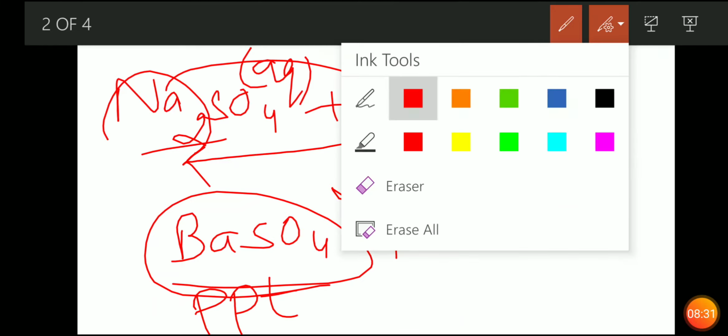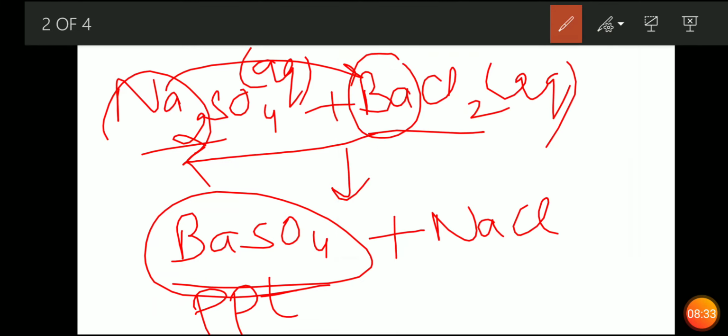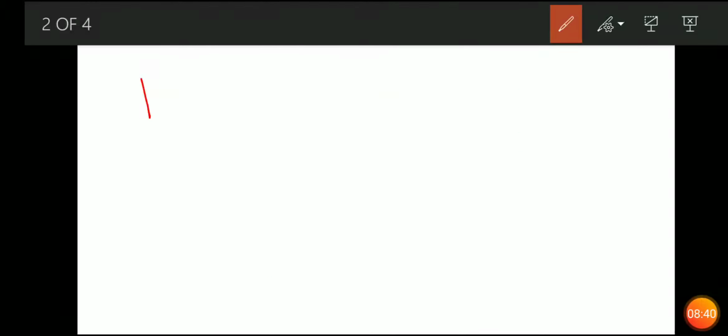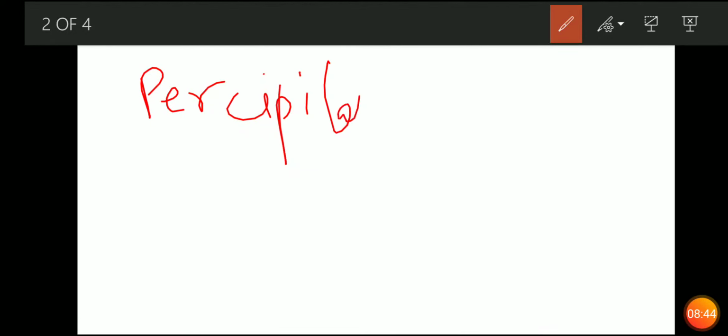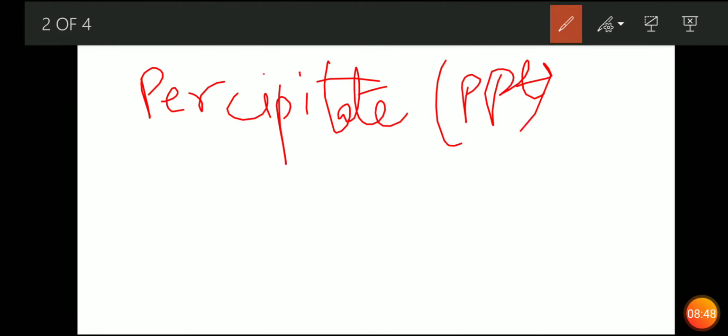Now what is this precipitate? This is a white color precipitate. Precipitate, short form is PPT. Whenever you write the reaction, if a precipitate is formed, you will write PPT. Now what is a precipitate?